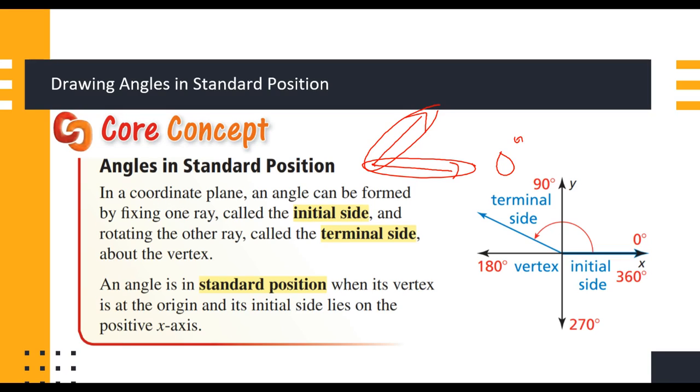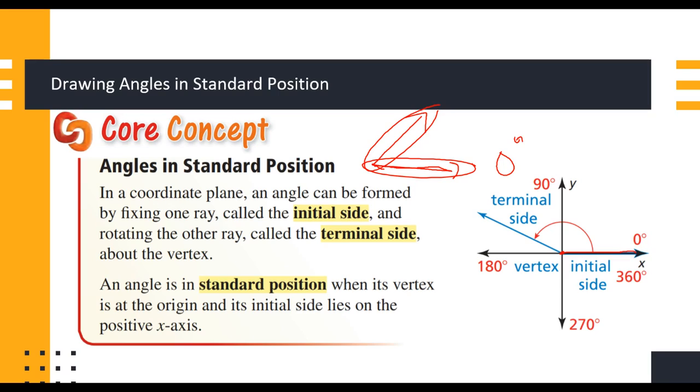It is said to be in standard position if your initial side, which is over here, lies on the positive x-axis, which is over here, and the vertex is at the point of origin. That's when an angle is in standard position.